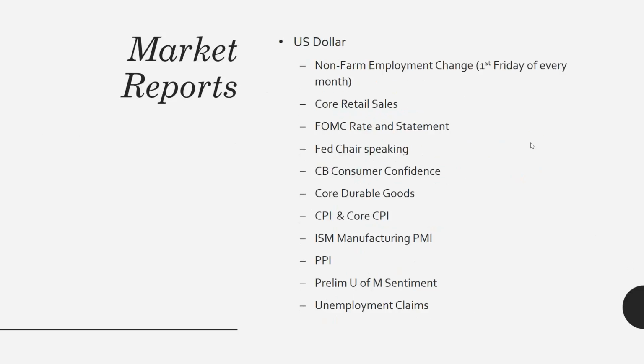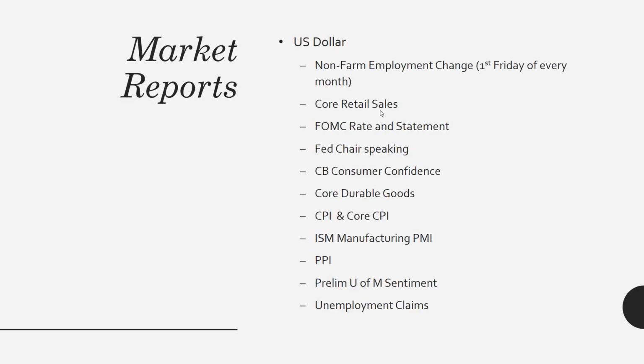On the U.S. dollar side, you have the non-farm employment change. This is typically released the first Friday of every month, and it will typically create huge volatility in the currencies, more so than the indices. The only one that would equal that movement would be gold, because gold does move as much as the currencies during this report.